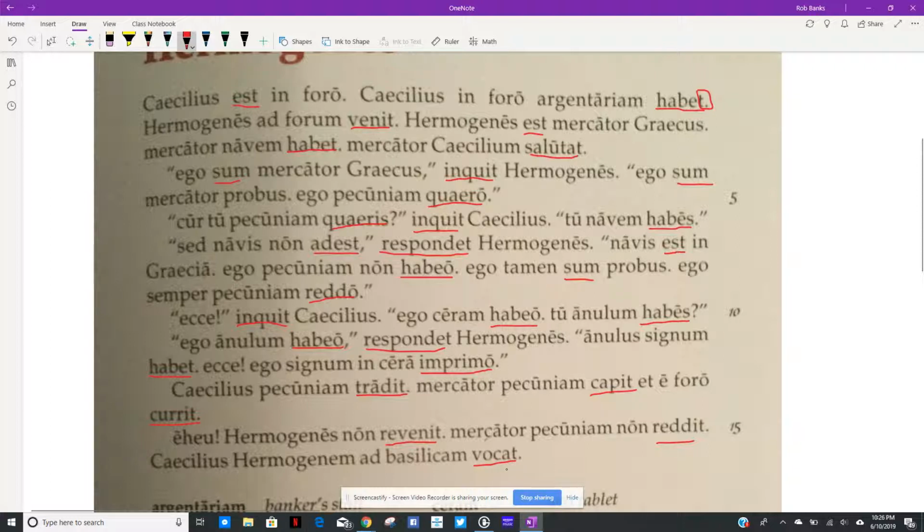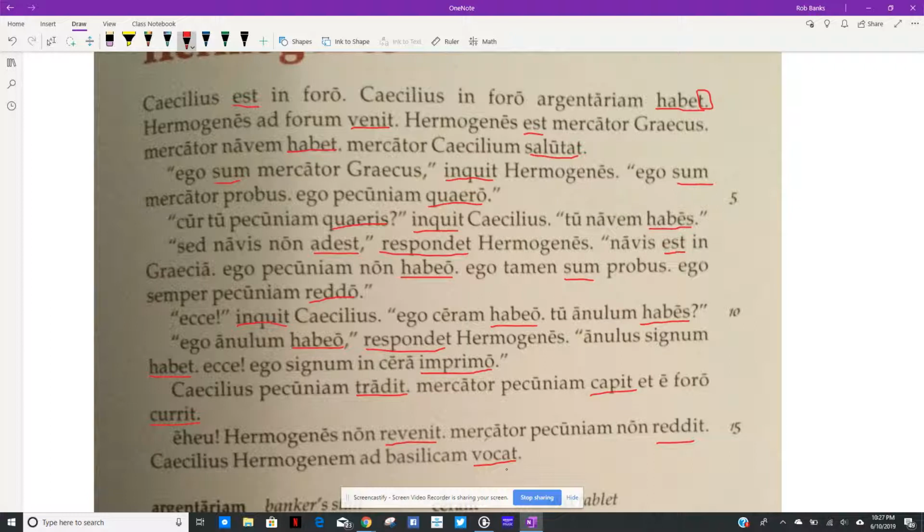All right, so before we saw verbs ending in T, and that meant it was he, she, it something. Now we have some underlined here that's going to end in S. That's going to be you something. O, that's going to be I something. Then we'll have that exception sum, which is also I something, I am.